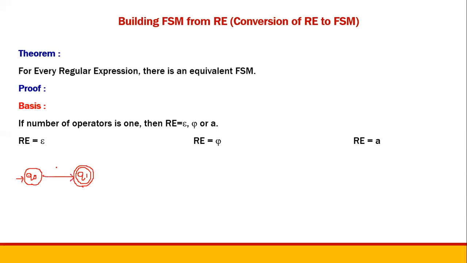Say something like this. So after reading epsilon, the machine can change the state and can move to the final state here. So this is the equivalent FSM for the regular expression epsilon.